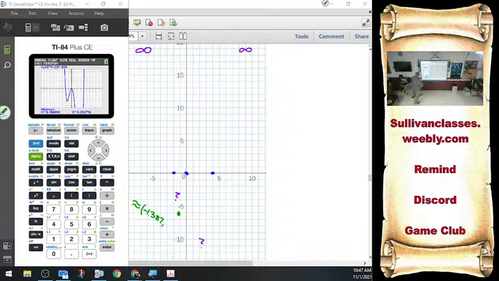Mine's really blurry. Isn't that an 8 next to it? Or is it a 0? And negative 6.353? Or are you going to tell me that's a 1 and not a 7? Okay. So I've got that point. Go find the other one.